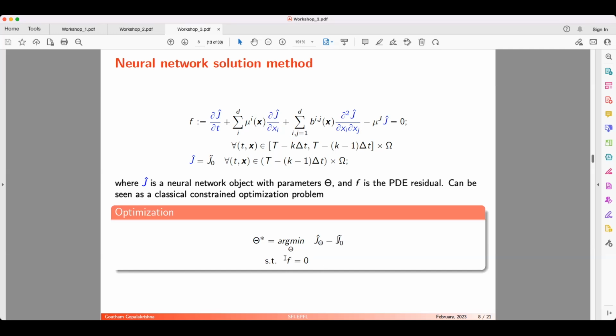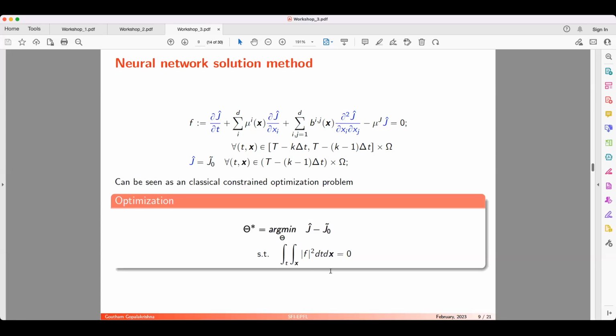But what does this mean? F cannot actually equal 0. So it's close to 0 in some L2 norm sense. You still have the data fit, but for the PDE residual, the mean squared error in the PDE residual should be close to 0.